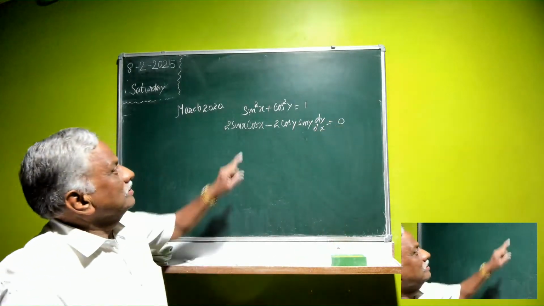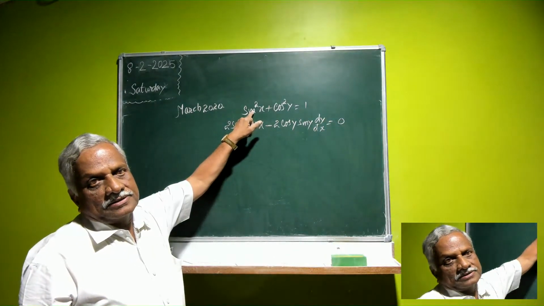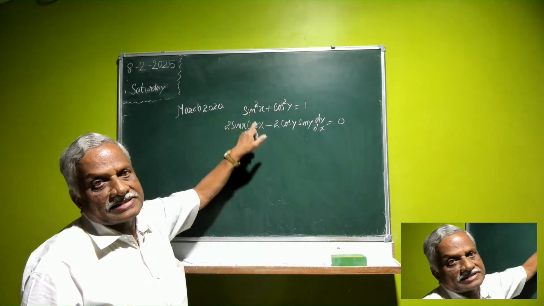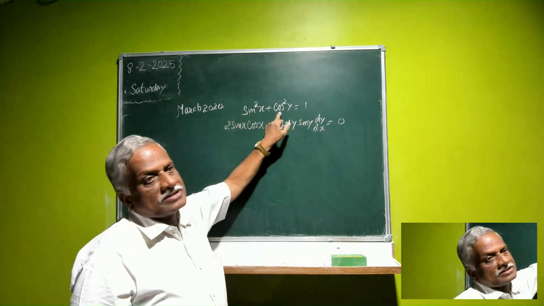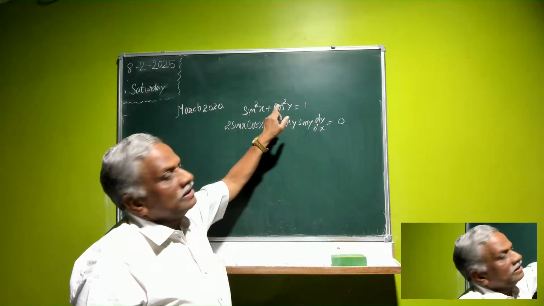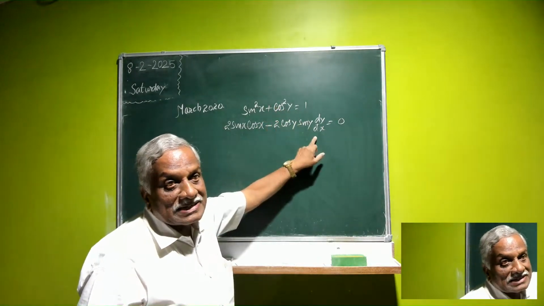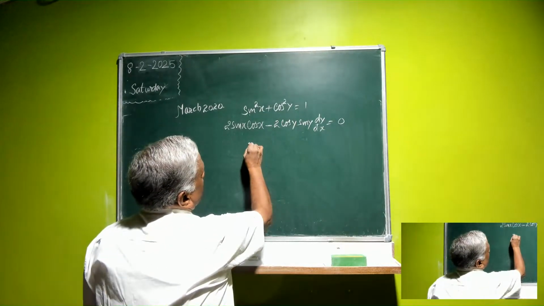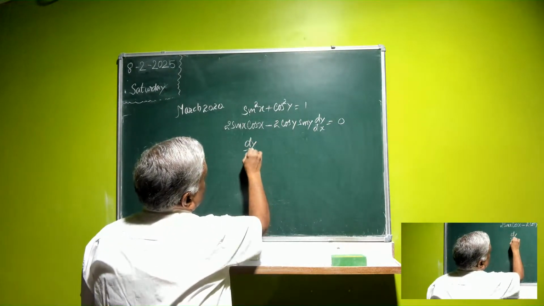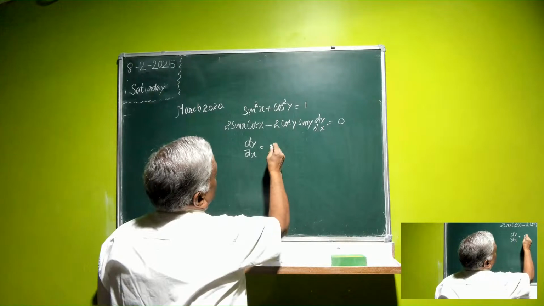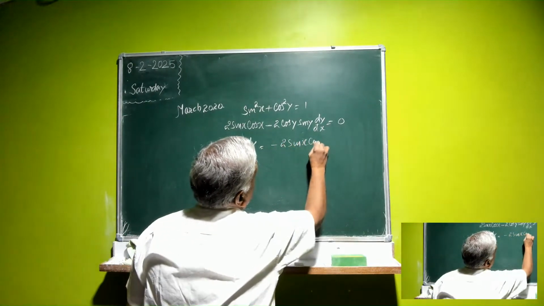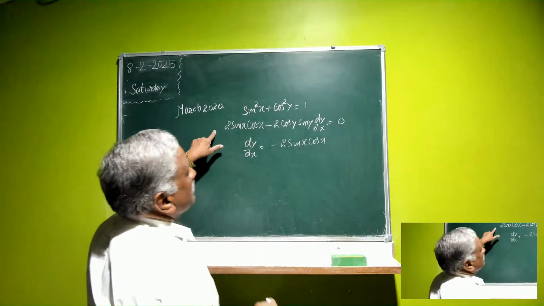Repeat. First, you should differentiate the power: sin square x gives 2 sin x. Then you should differentiate sin x, it is cos x. And differentiate the power, 2 cos y. Differentiation of cos y is minus sin y. I have written the minus sign here. So what do you get? dy by dx is equal to minus 2 sin x cos x, by shifting this to the other side.